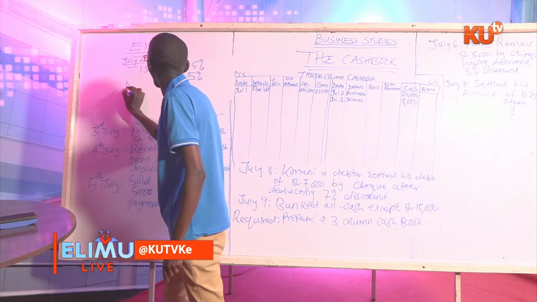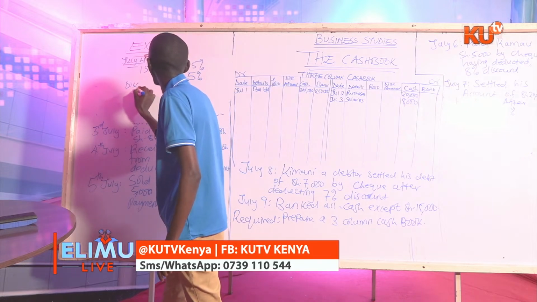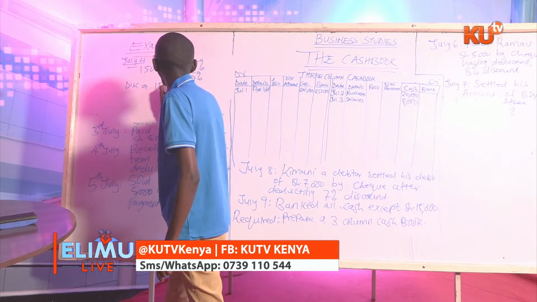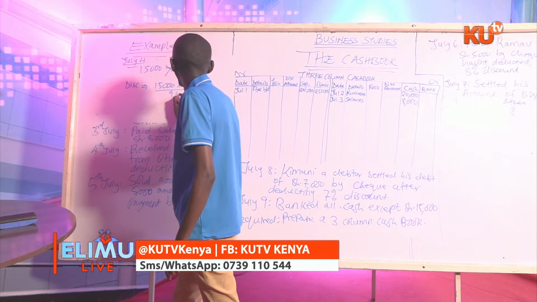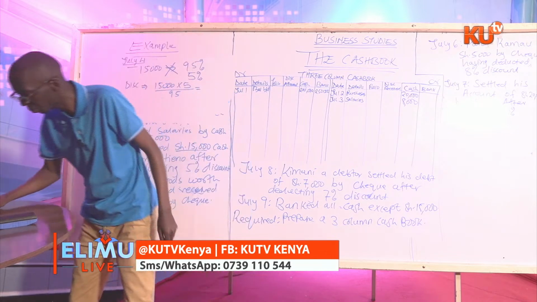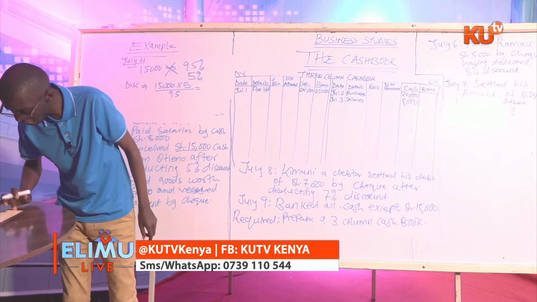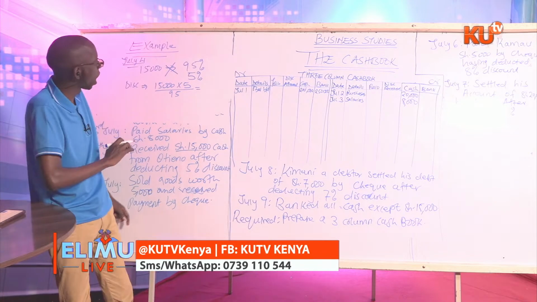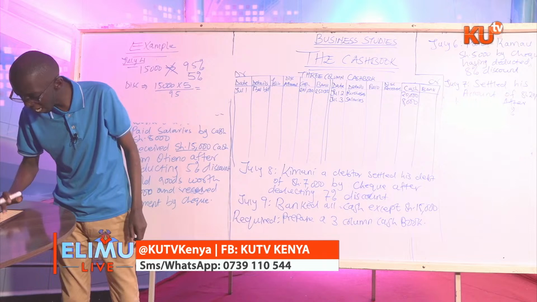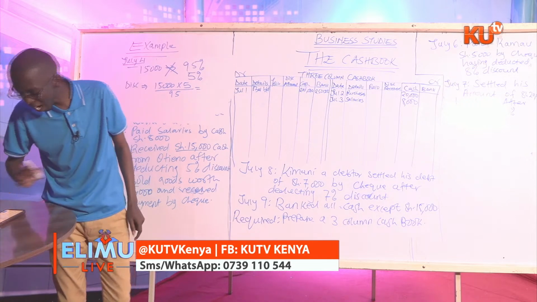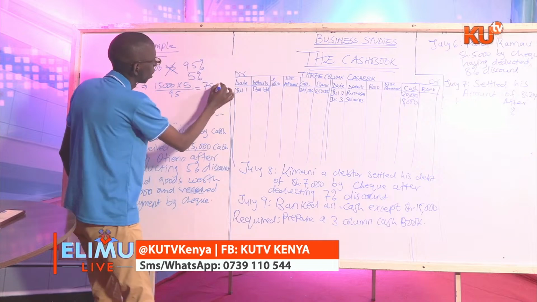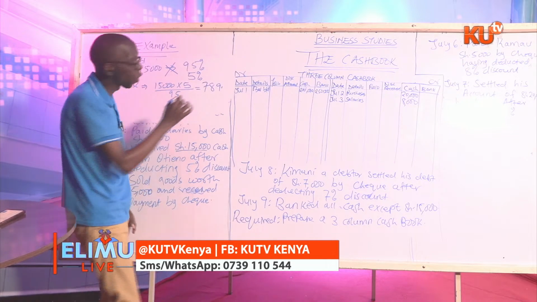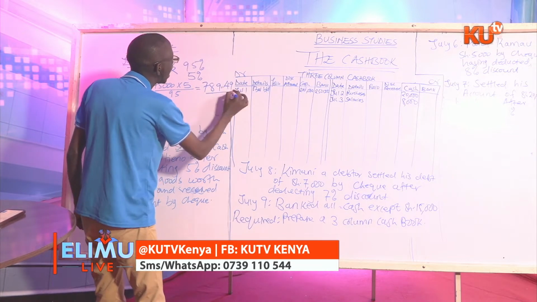Cross multiply. What we are calculating is the discount. 15,000 times 5 over 95. It will give us 15,000 times 5 divided by 95, 789.47. This is the discount.